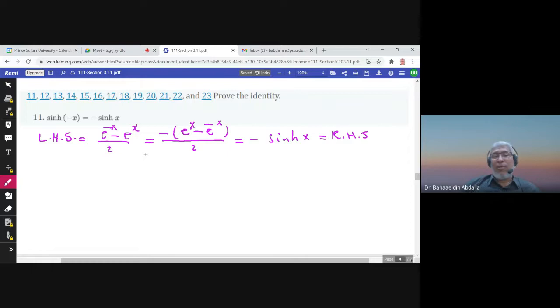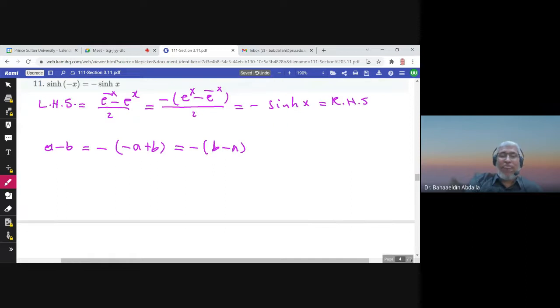So remember, to take a common factor, you are taking just the negative sign as a common factor. So e to the power negative x would have a negative coefficient, e to the power x would have a positive coefficient. Whenever you have negative a plus b and you take a negative sign as a common factor, you will have a minus b, or you can write it b minus a. This is how to take negative as a common factor.